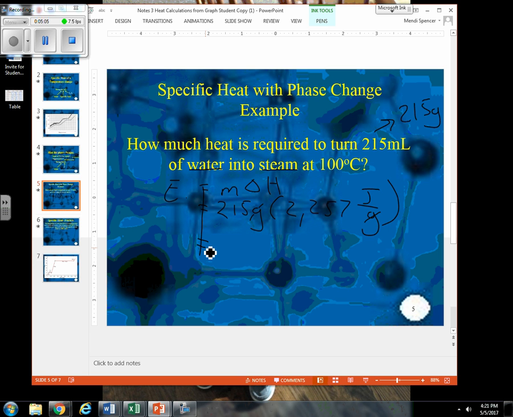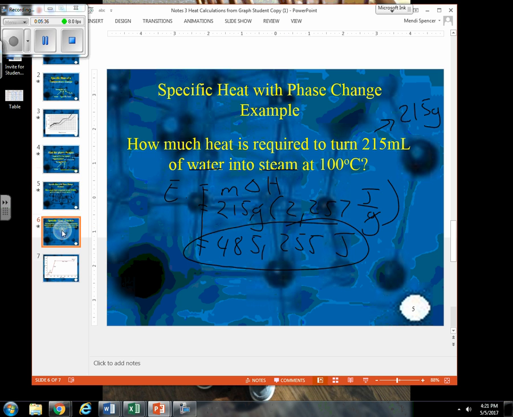So when you plug into your calculators 215 times 2,257, that will give you a total of 485,255 joules of energy that was added into that 215 milliliters of water to cause it to go from liquid water all into gas, all into steam.